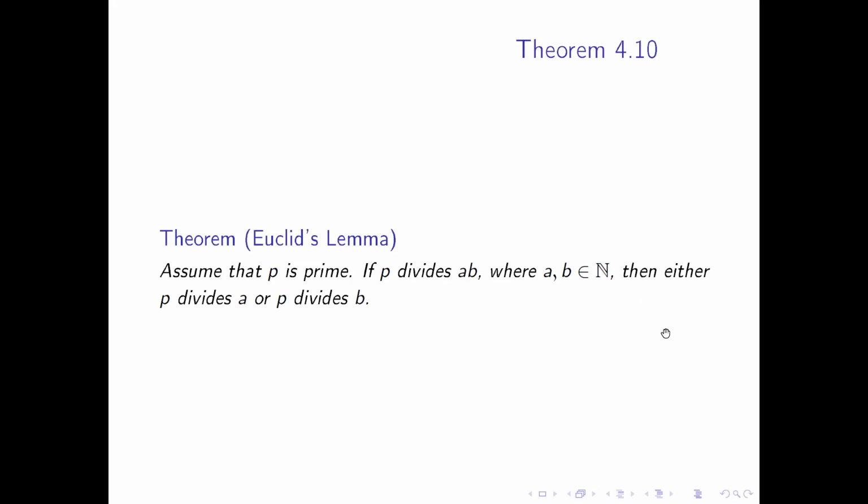The proof of this, and I'll just show you real quickly, you have to do a proof by contradiction. In other words, my proof, which is a proof by contradiction, would be: suppose p divides ab and p does not divide a and p does not divide b.